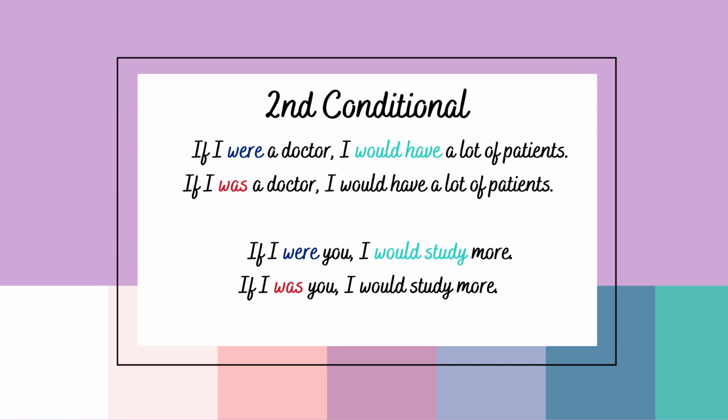As we can't use the word was, if I were a doctor, I would have a lot of patients is the correct way of writing it. You can't say if I was a doctor. And if I were you, I would study more is the correct option, not if I was you.